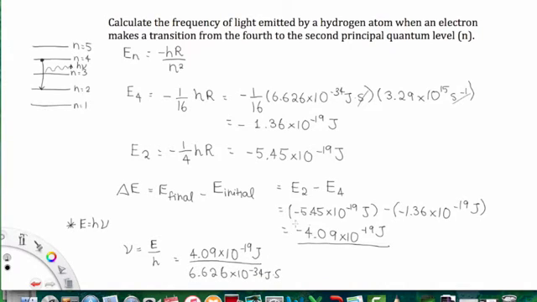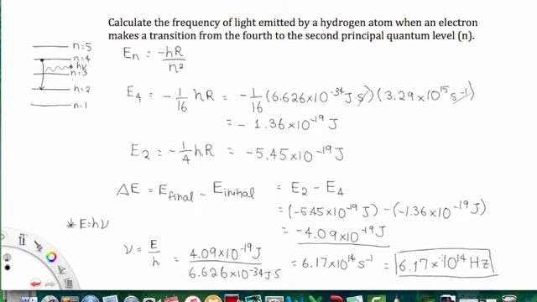Basically, we ignore this negative sign when doing this part of the calculation, because all this is telling us is that the electron's energy decreased. Okay, so we end up with 6.17 times 10 to the power of 14 inverse second, which is 6.17 times 10 to the power of 14 hertz, depending on which unit you want to end up with.